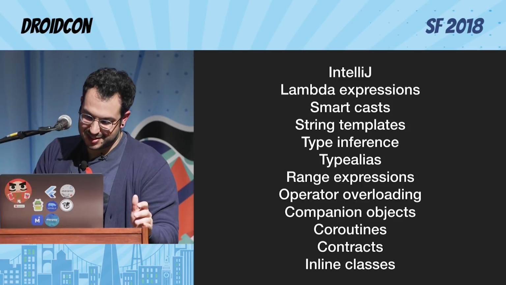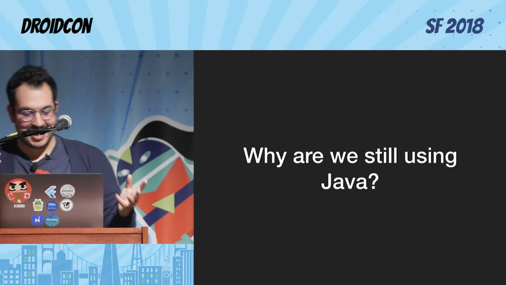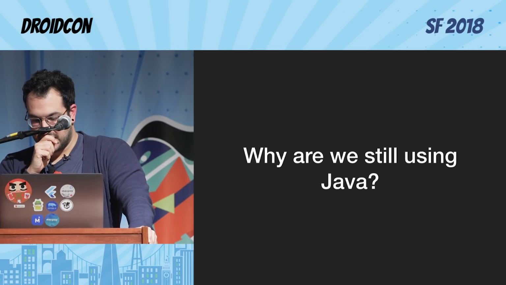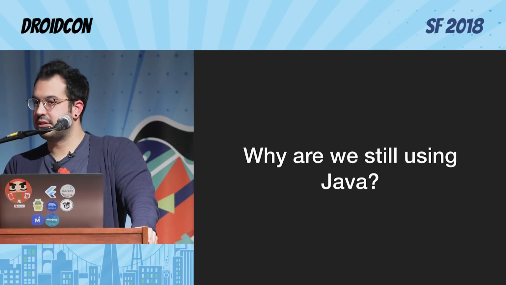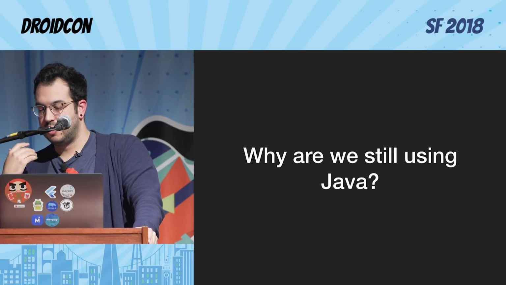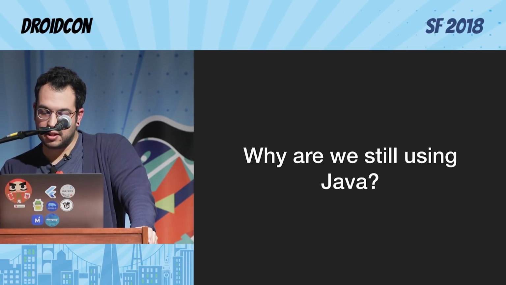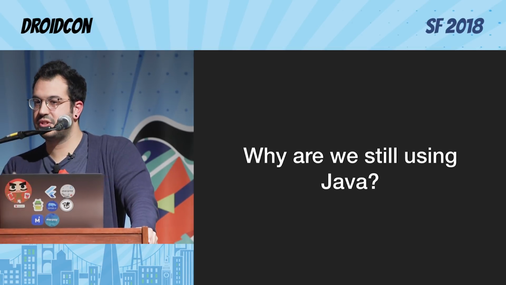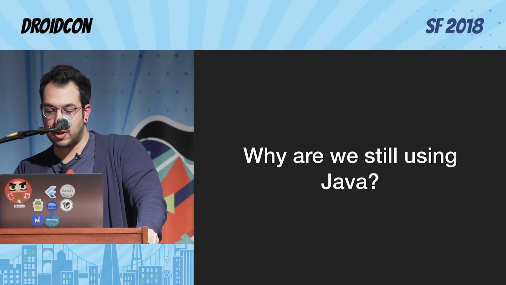So I guess the question is why we are still using Java. And again, I actually want to pay a tribute to Java because Java is not going anywhere. Most of the backends are written in Java, and they're going to be, I think, still for many years in Java because Java has big tooling, big libraries that work really, really well.